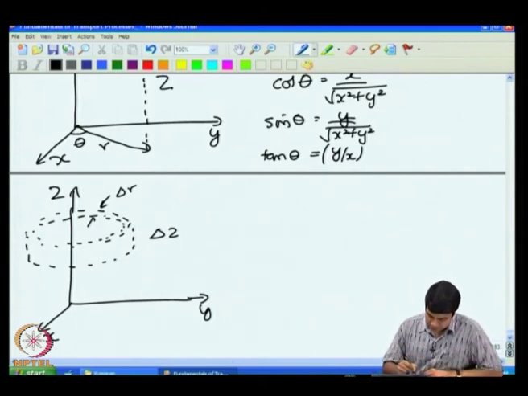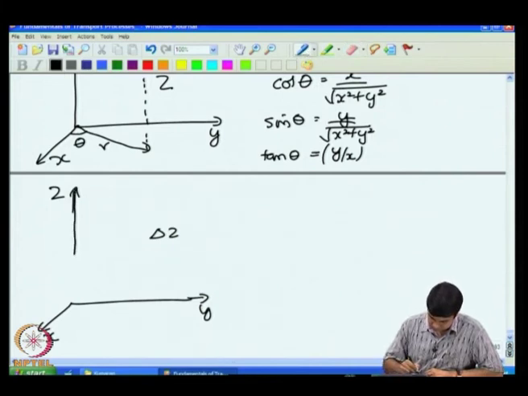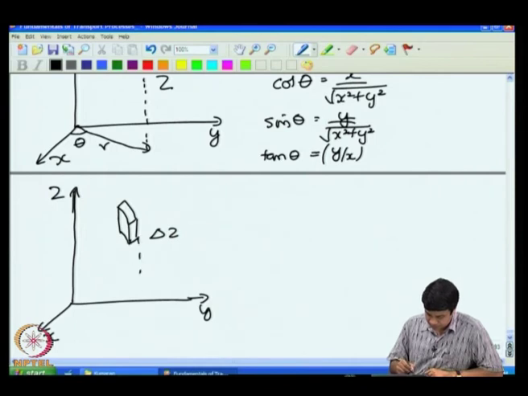That means that the differential volume that I consider has to be of this form, such that the angle subtended by the projection onto the xy plane is delta theta.